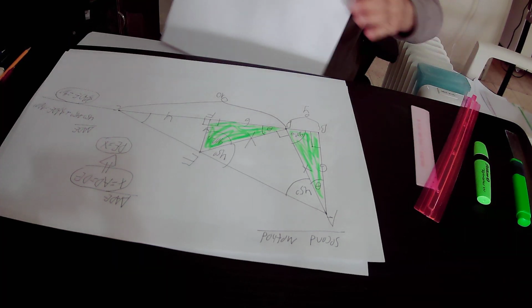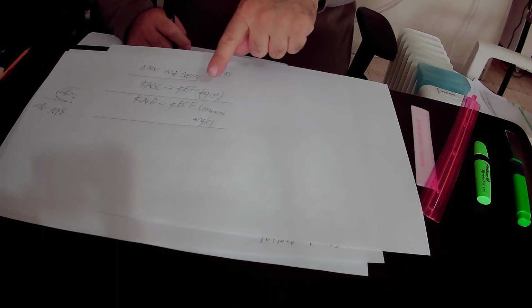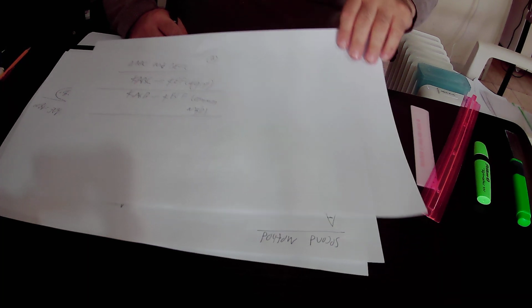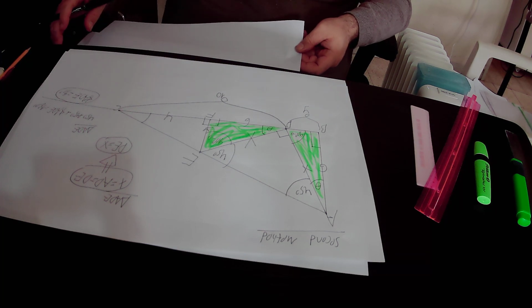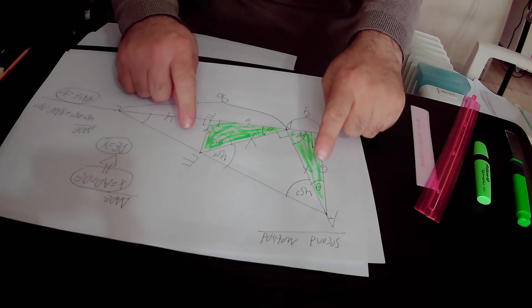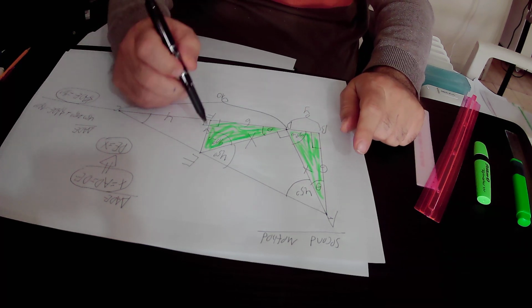I'll repeat again, angle ACB is equal to angle ECF, it is a common angle, it is actually the same angle that belongs to both triangles. And finally, those two angles are also equal to each other according to the third angle theorem.